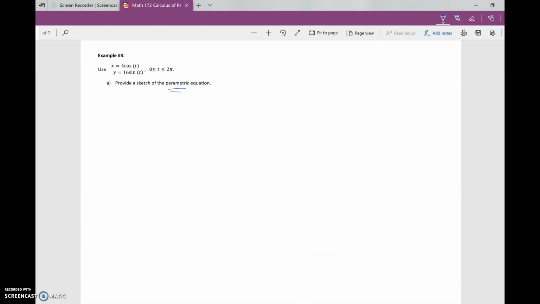Okay, so let's take a look at the sketch, and same idea as before, 3 coordinate points will be sufficient. So let's start with t values. So x is equal to 4 cosine of t. Y is equal to 16 sine of t. And then x's and y's.